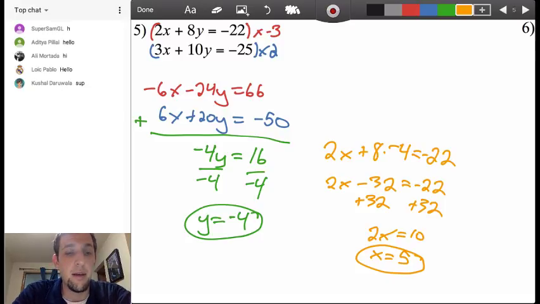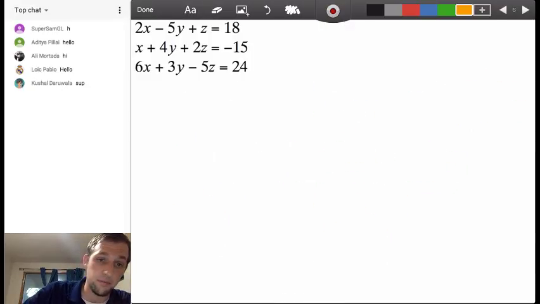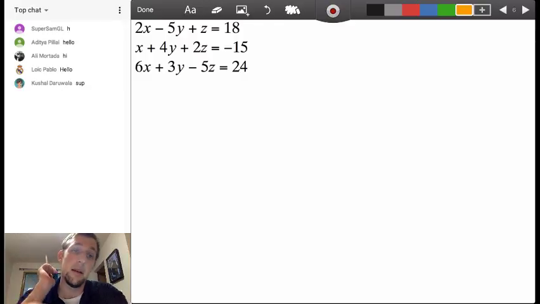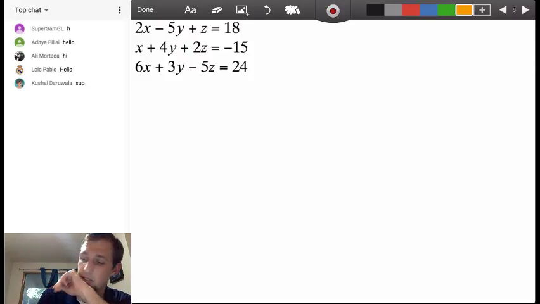Okay. This method ends up being the one that we're going to use on our 3 variable system. Okay. Guys, 3 variable systems are tricky, and they're tricky just because there's a lot of moving pieces. Basically, what you're trying to do, and if you're following along, this is not something you need to write down necessarily, but just take to heart.